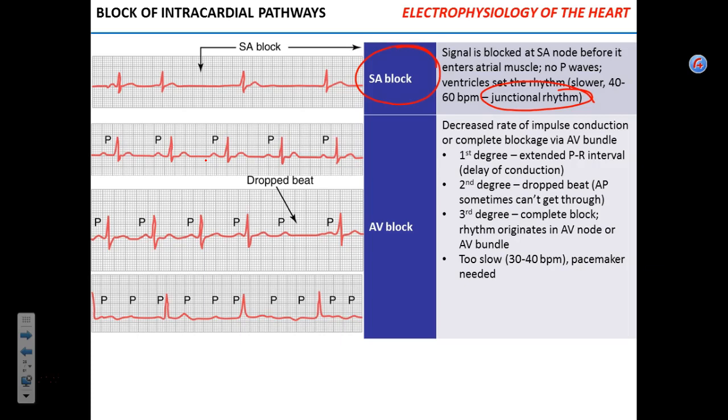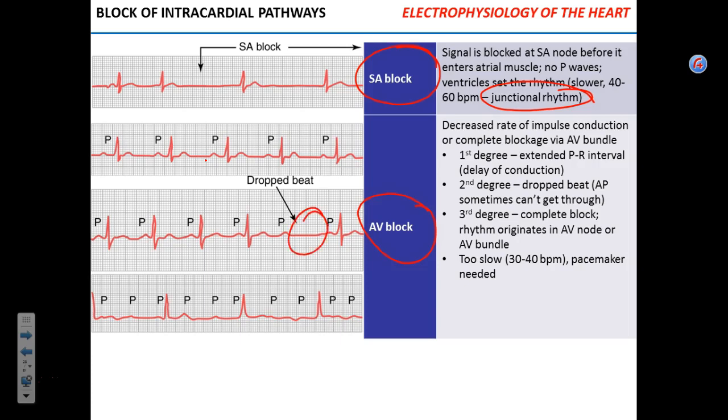And then AV block. If you think about this, AV block is like that only highway that goes from atria to ventricles, the only transition point for electrical impulse. And AV block means that the signal that goes through the AV node is partially or completely blocked. So if it's partially blocked, you're going to observe the dropped beat.